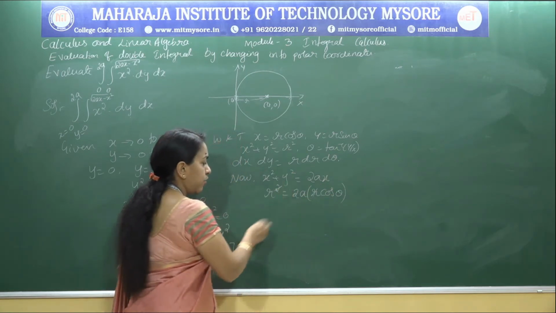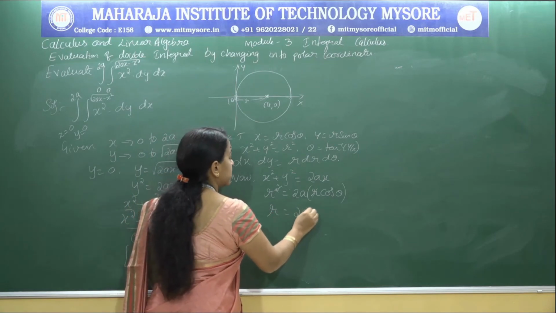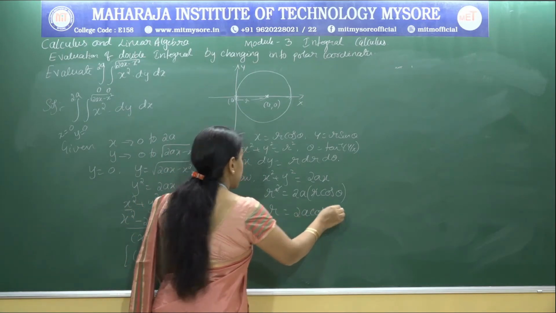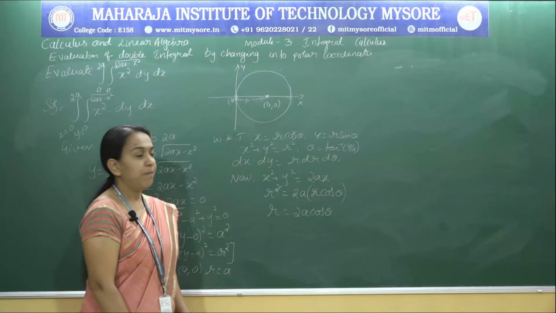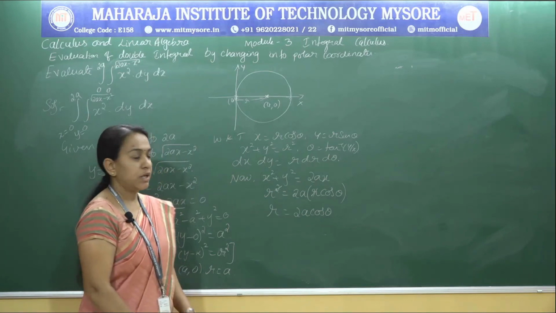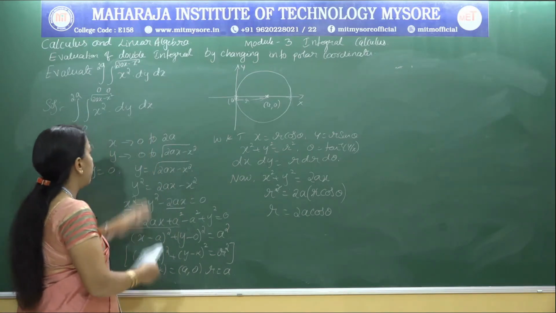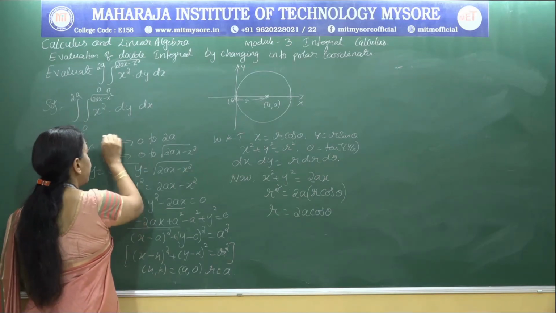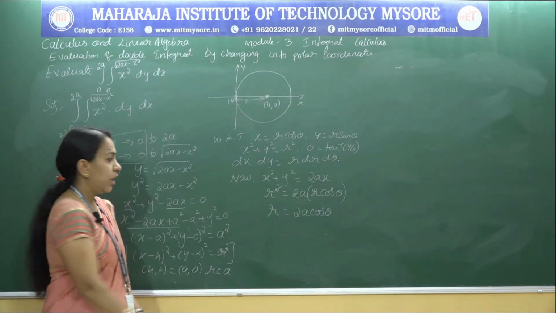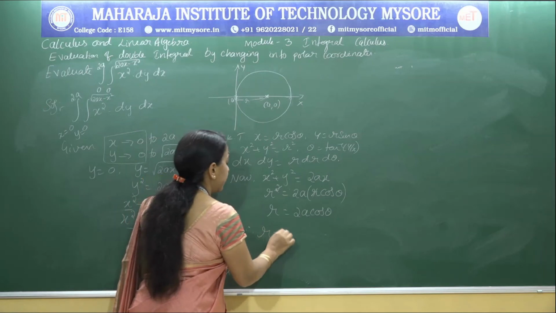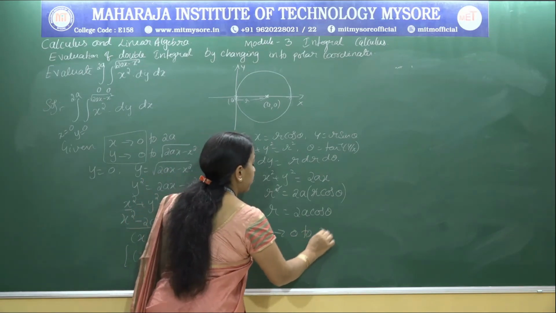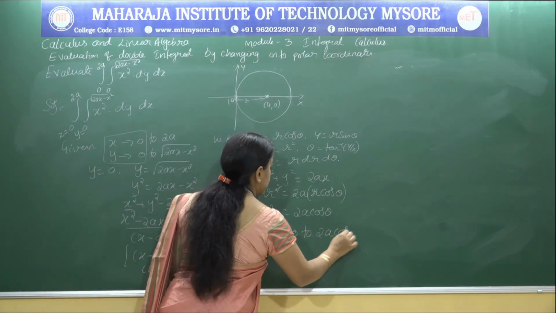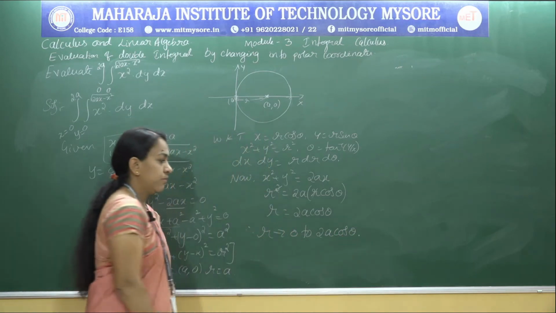So, I can cancel r one time, r is 2a cos theta. So, r varies from 0 to 2a cos theta because we have a lower limit x and y values 0, right. Therefore, r varies from 0 to 2a cos theta.